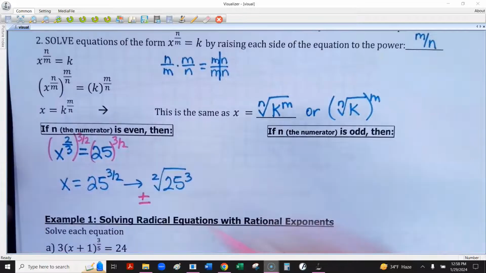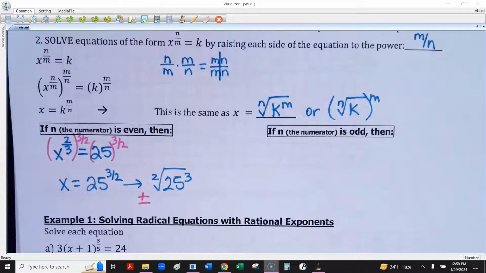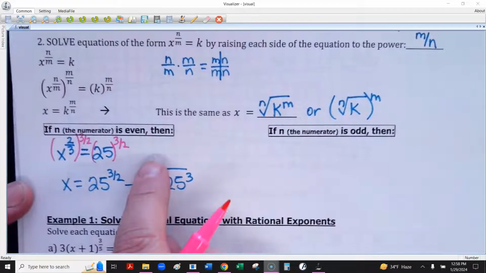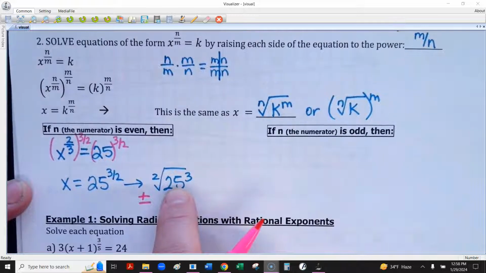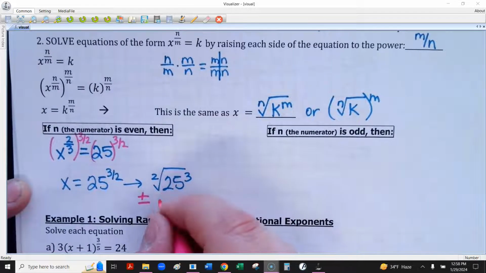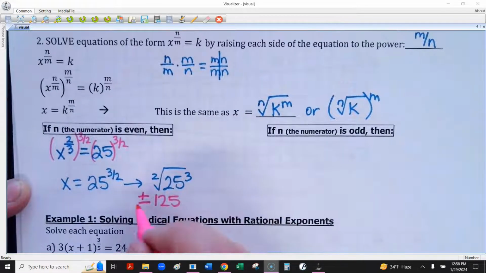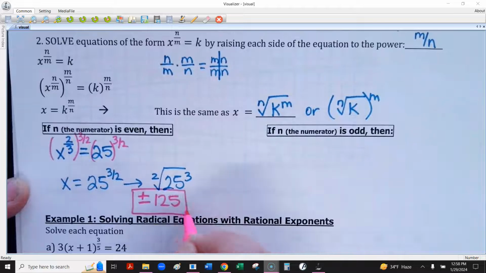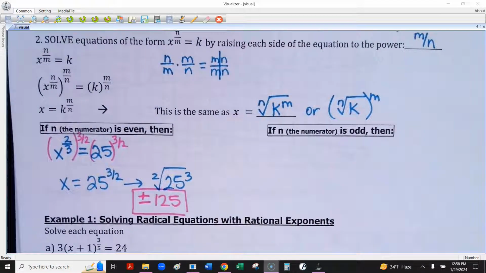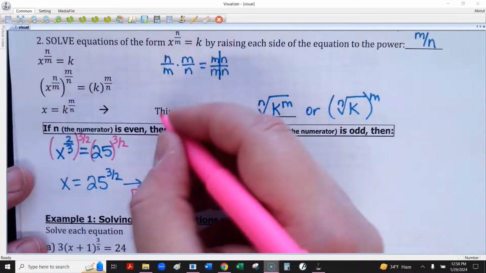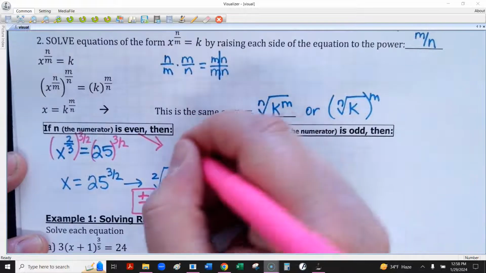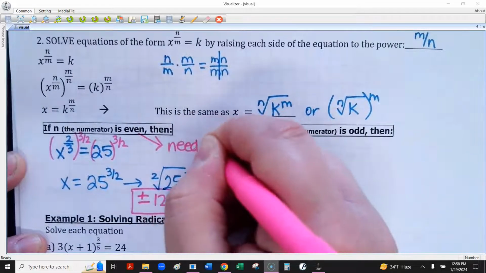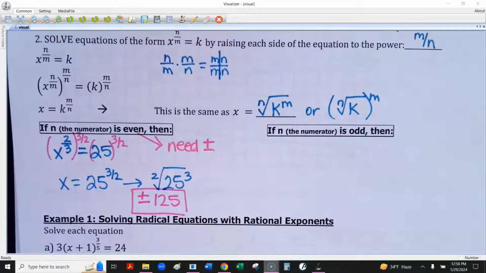So with an even root, you need a plus and minus. If you take the square root of 25, that's 5. Take that to the third power, that's 125. But this question actually has 2 answers. It could be 125 or negative 125. So with an even numerator, you're going to need to put a plus and minus symbol when you solve that.